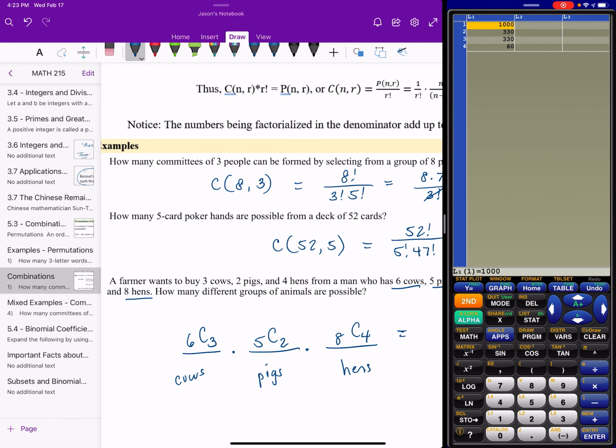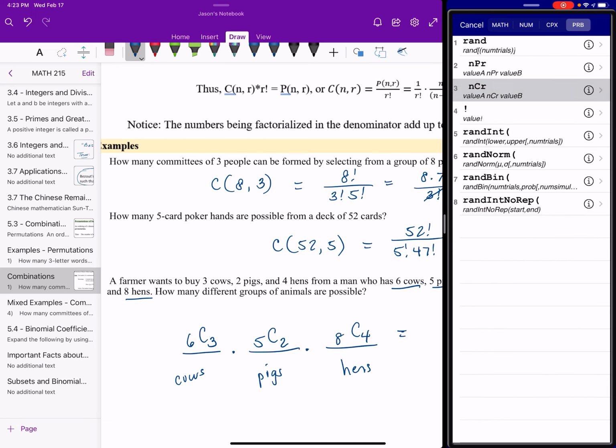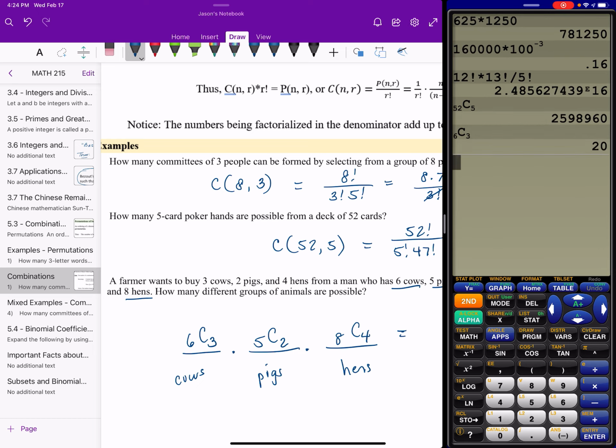Okay, going to math, PRB, nCr. I'm not sure why this isn't doing what I want. Okay, let's just do it this way: math, PRB, nCr. 6C3 is 20.